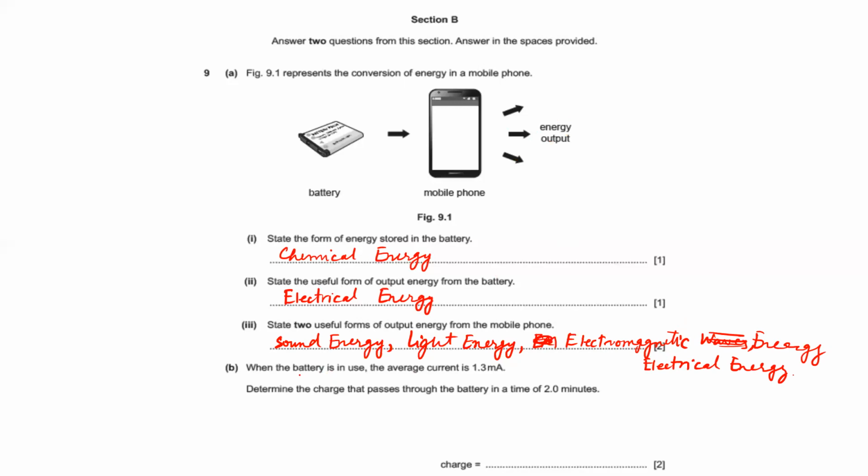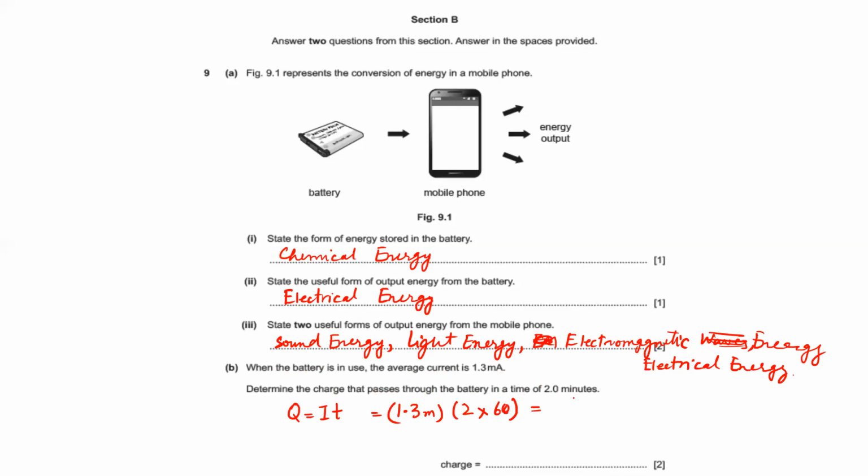Then question 9, part B. It says when the battery is in use, the average current is 1.3 milliampere. Determine the charge that passes through the battery in time 2 minutes. Remember, charge Q equals I t, the basic formula. The current is 1.3 milliampere. Time is 2 minutes, convert it into seconds.